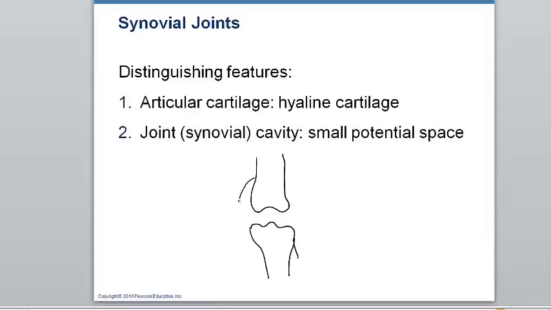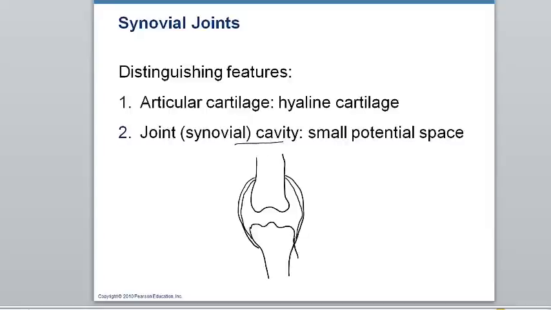And here's your capsule that covers the space, and it is lined by synovial membrane, right? Another membrane that goes along. Now, this joint cavity, this whole area where it is enclosed by the synovial membrane and the capsule, is what we call the synovial cavity.